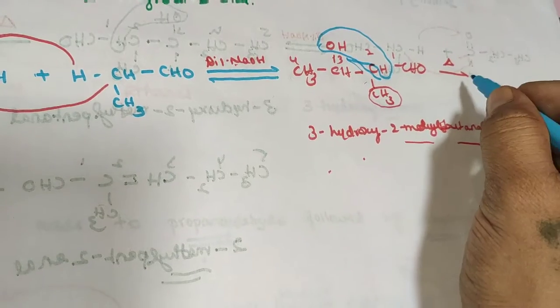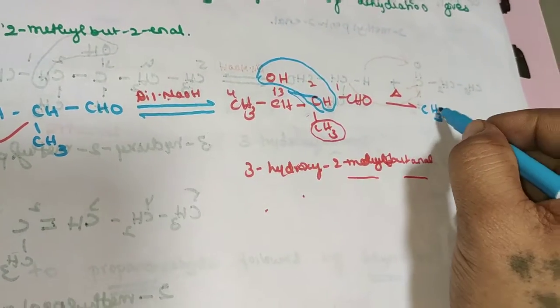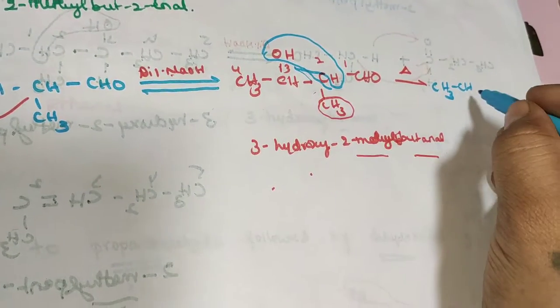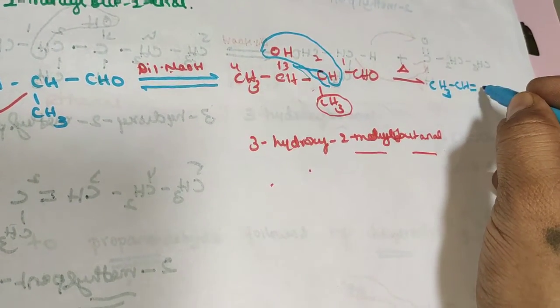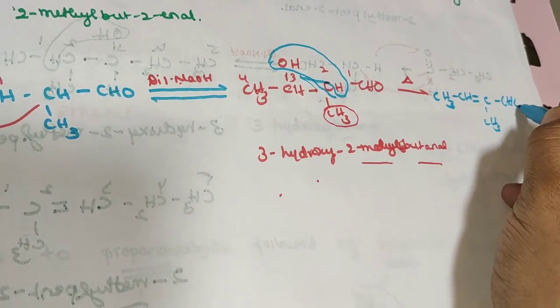So now it becomes CH3 CH, now this bond is shifted here, double bond, CH3, then CHO.